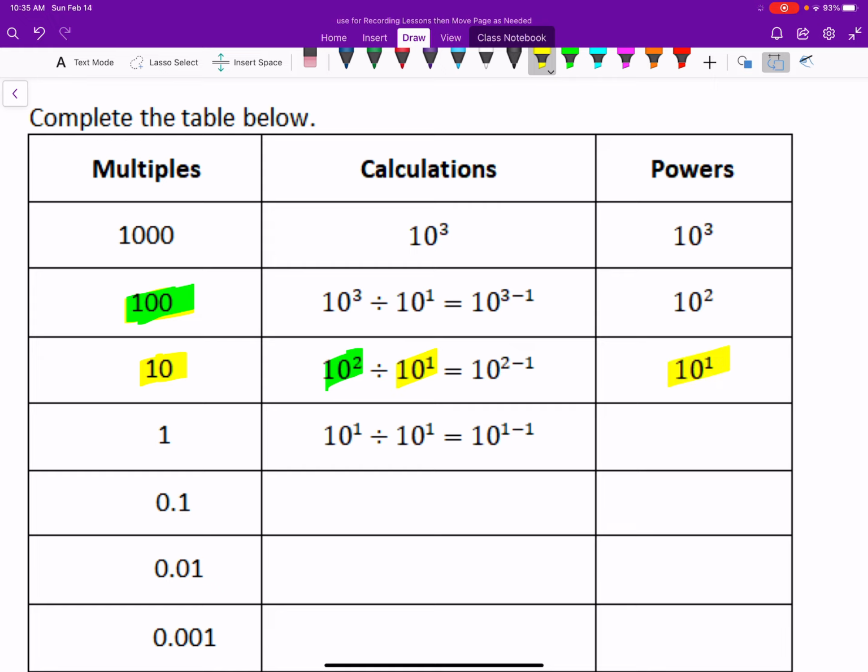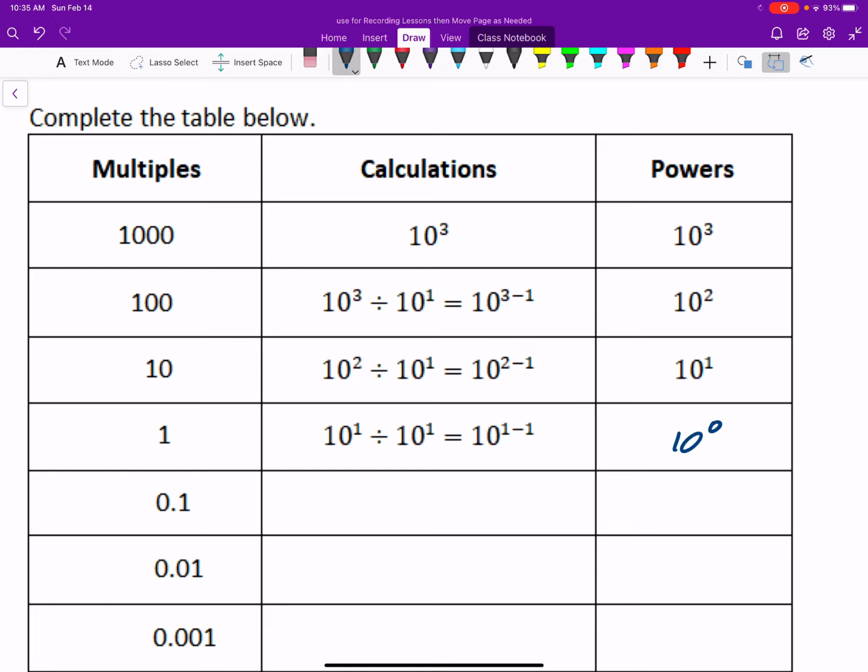So again, we can write the number 10 as 10 to the 1. And then if we just keep doing that, the next one would be 10 to the 1 divided by 10 to the 1, which gives us 10 to the 0.